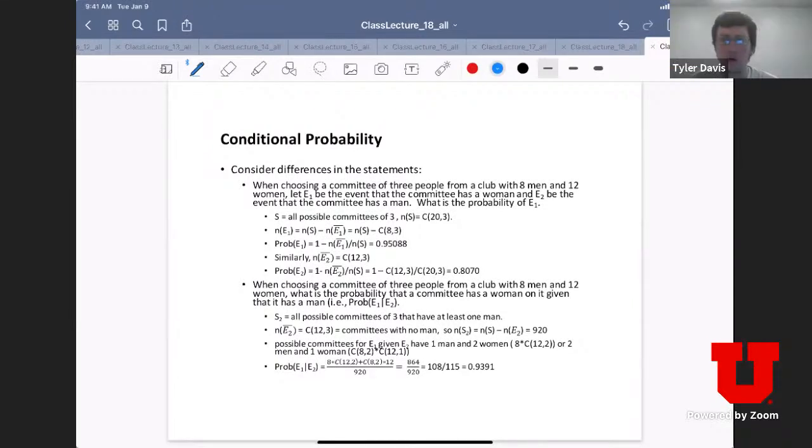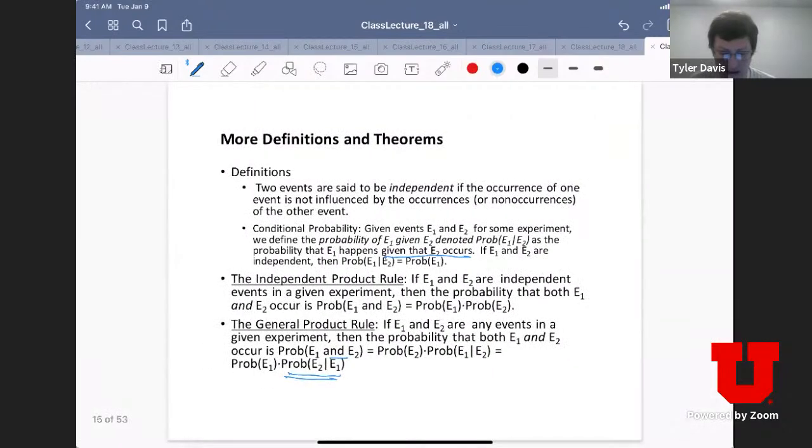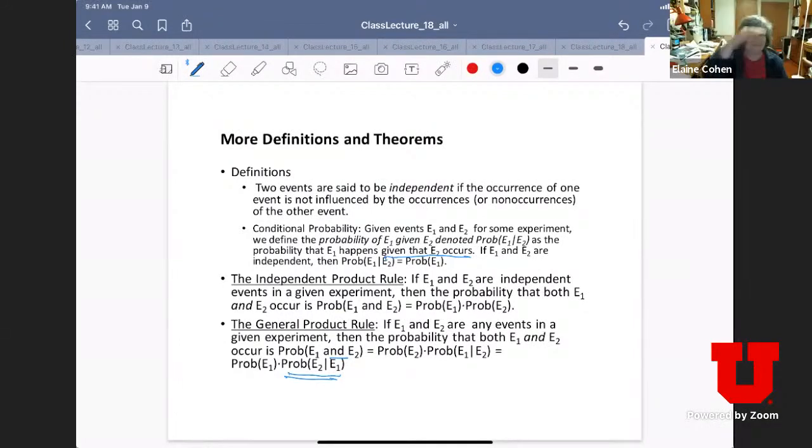I have a quick question about the general product rule. It says that it's equal to probability of E2 times probability of E1 bar E2. Is that given E2? That's the way that's read, okay? If you say bar, I think of the line over the top, and that's not the right one.